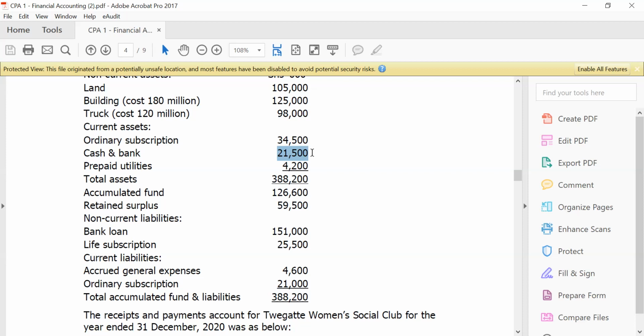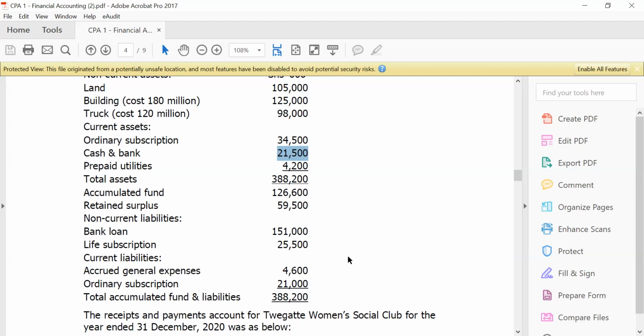Retained surplus is the equivalent of what you call retained earnings for the other nature of business. Retained earnings for private, as it is called retained surplus for the nature of business here.